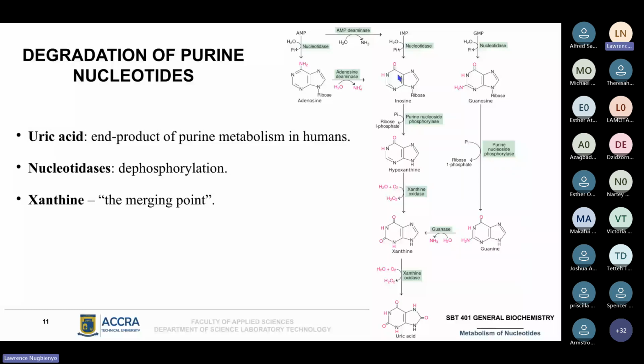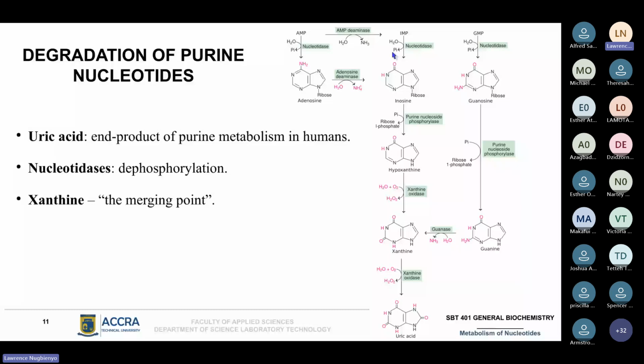So the breakdown of adenosine monophosphate takes two paths. Either first there is dephosphorylation, where the phosphate group is removed to give you adenosine before deamination occurs to give you inosine, or you have first deamination occurring before dephosphorylation. But these two paths will end up giving you inosine.